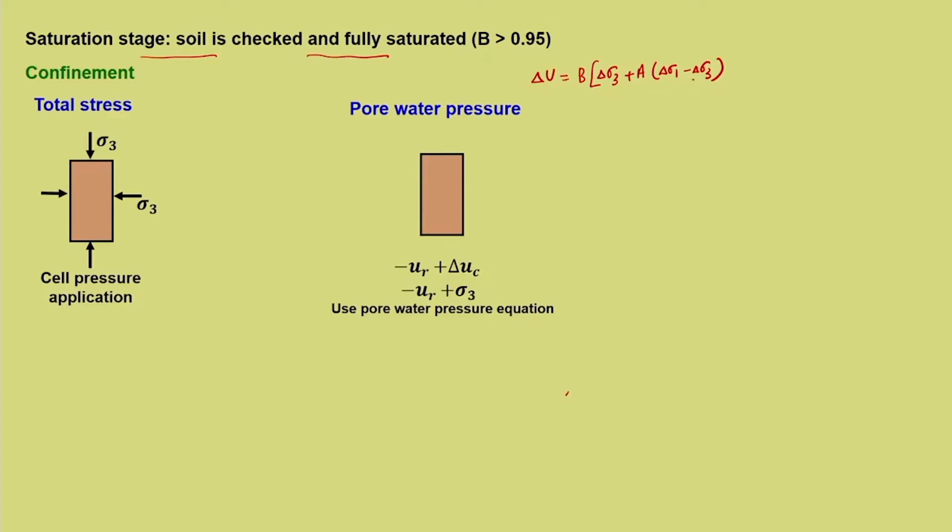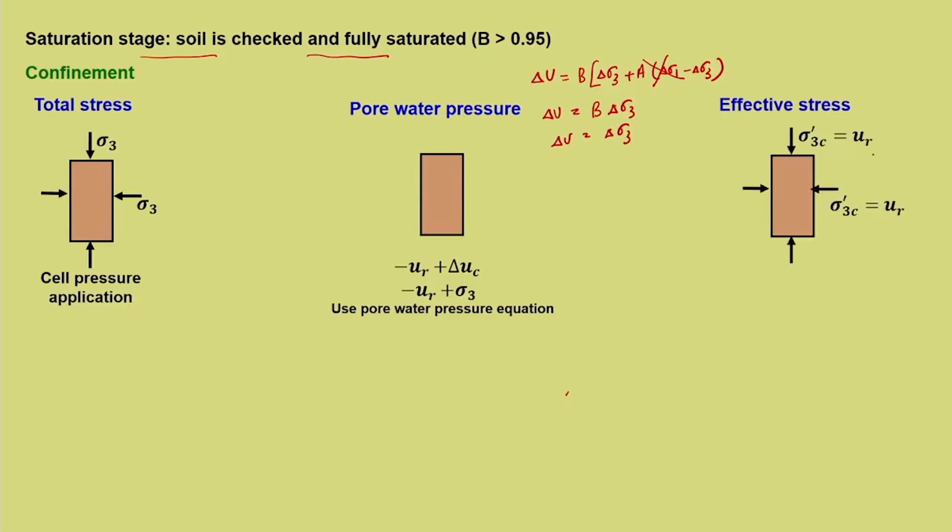Now in this case delta sigma 1 is zero, so this part goes, so we are left with delta U equal to B into delta sigma 3, and B can be considered equal to 1 because we have fully saturated. So delta U is equal to delta sigma 3. So that is how it comes here. So minus UR plus sigma 3, and sigma 3 is the confinement applied. So what will be the effective pressure?